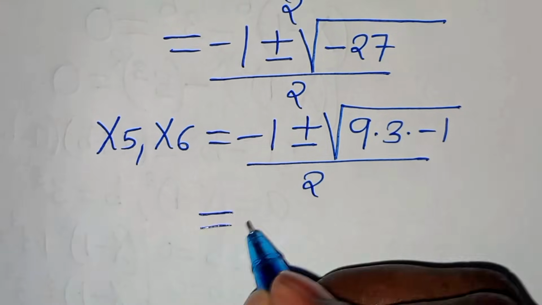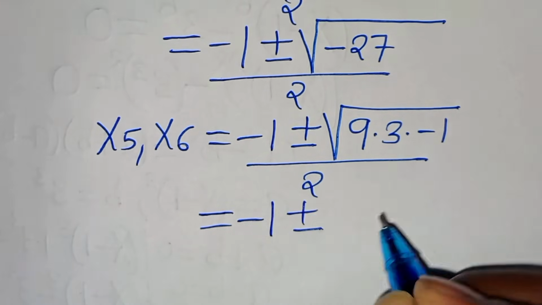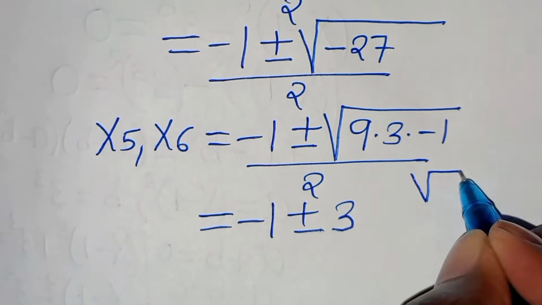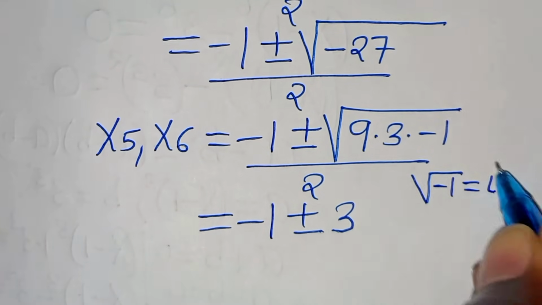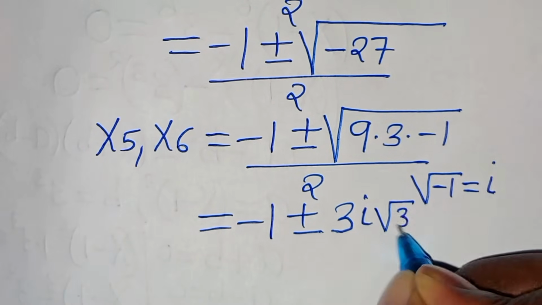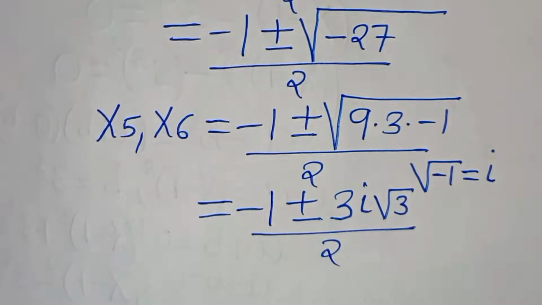So this means negative 1 plus or minus the square root of 9, this is 3, the square root of negative 1 is i. So we have 3i square root of 3 divided by 2.